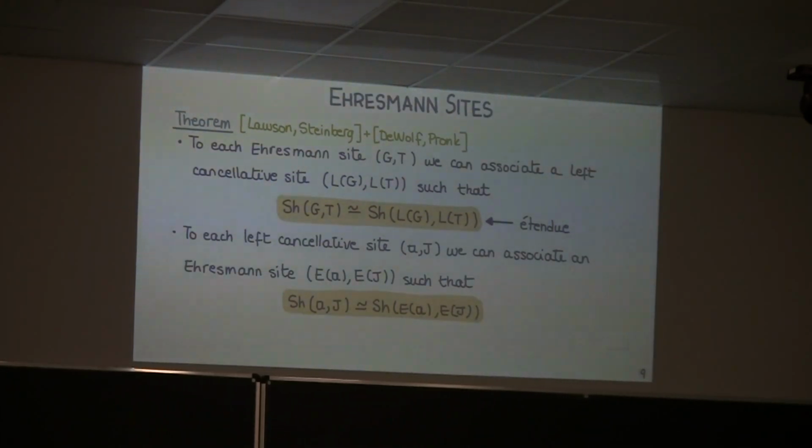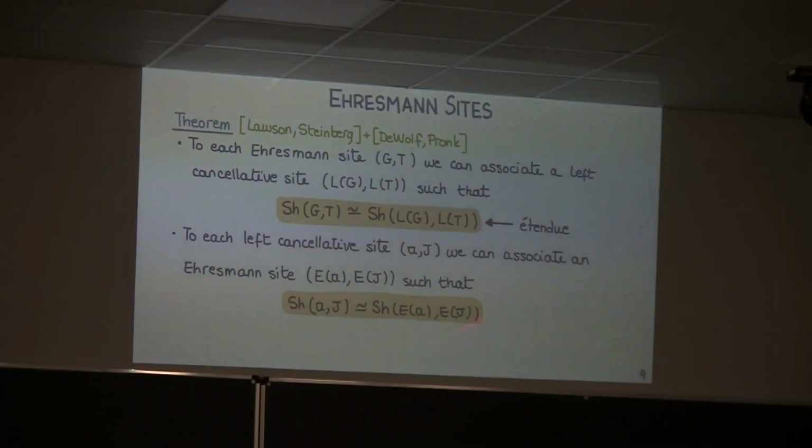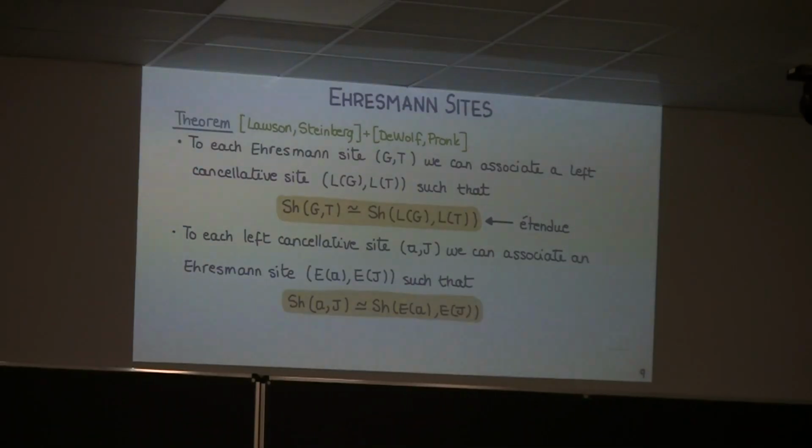From work of Kock-Moerdijk, we know that the reverse is true. For every étendue, I have a representation in terms of a left cancellative site. And so with this, together with this statement, we know every étendue can be presented as sheaves over some Ehresmann site. So now we want to copy this.